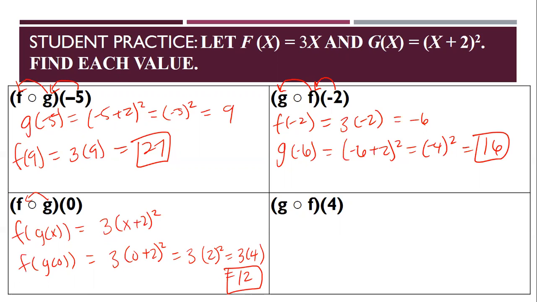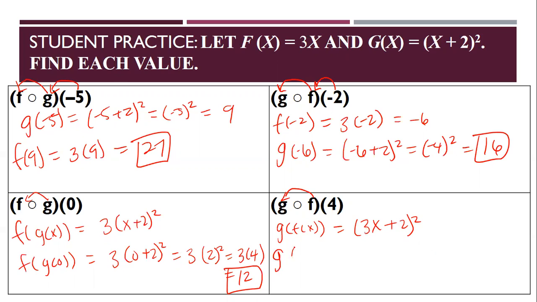Again, you can evaluate the function first and then the numbers. So if I plug f into g, that's g of f of x, which equals x plus 2 squared. So instead of just an x, it becomes 3x plus 2 squared.